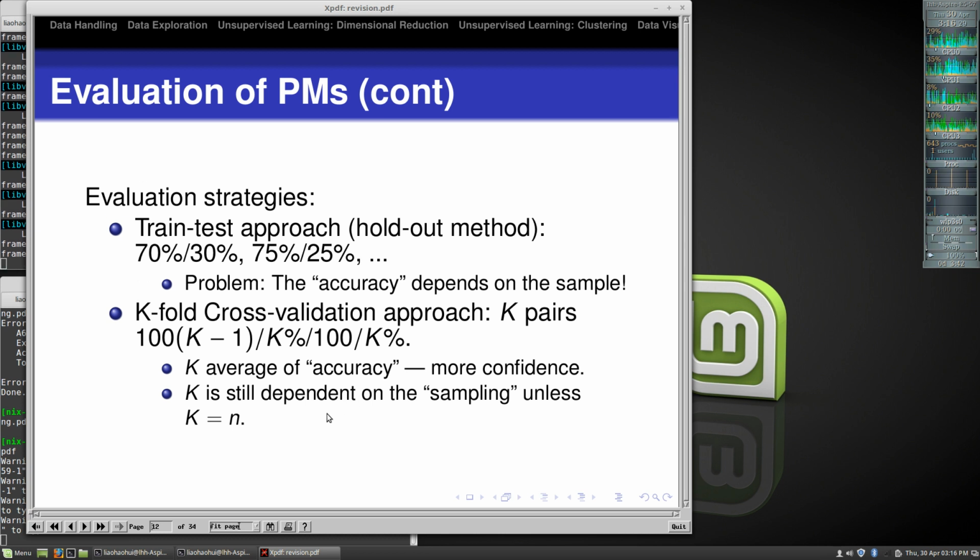What we need to be aware of is that it still depends on the sampling, because how we cut into k partitions depends on the original order of the data.